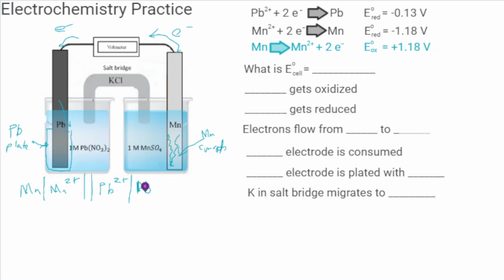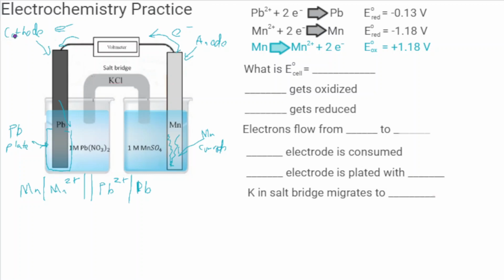So now we have our cell diagram, and for definition's sake, if we are starting with our electrons, this is the anode, and it flows to our cathode. You always want to spell out AC, so A for anode, C for cathode.